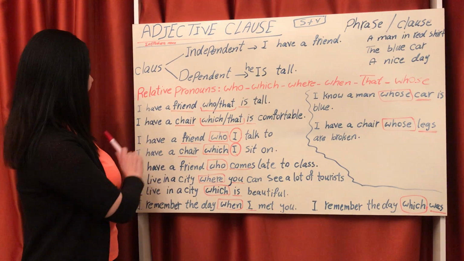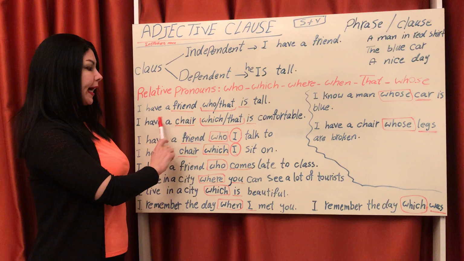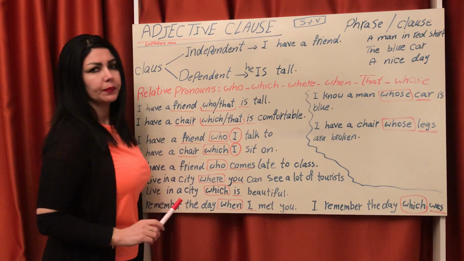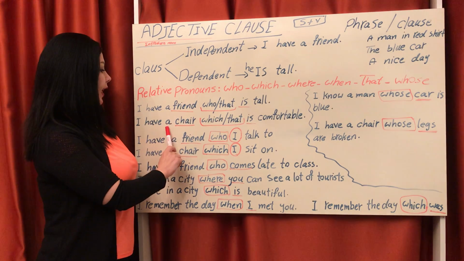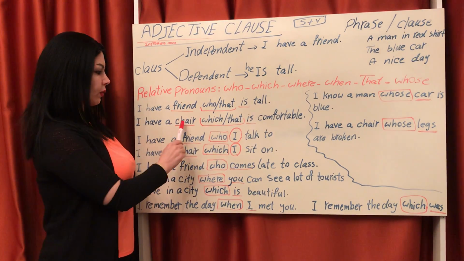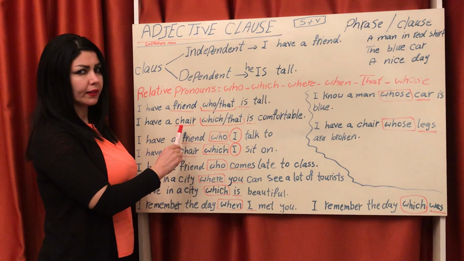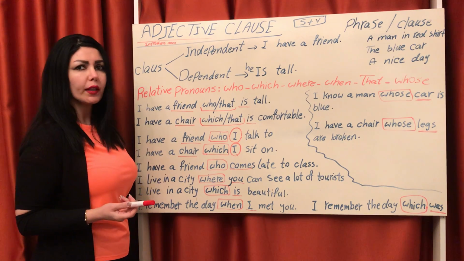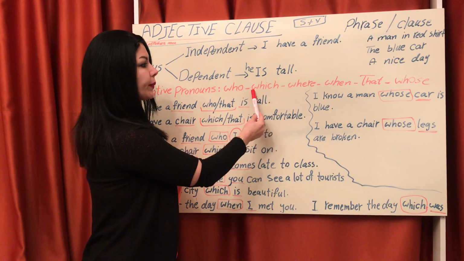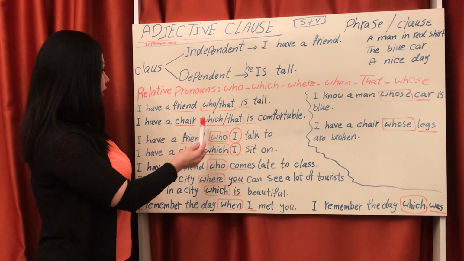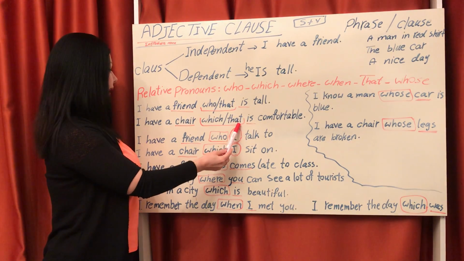Okay? Now here, I have a chair is comfortable. What is this? Chair is a thing. For a thing we use which or that.